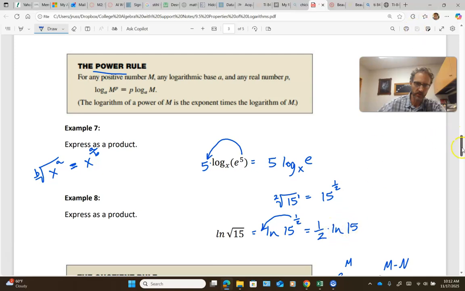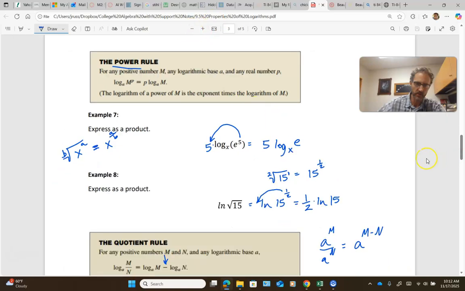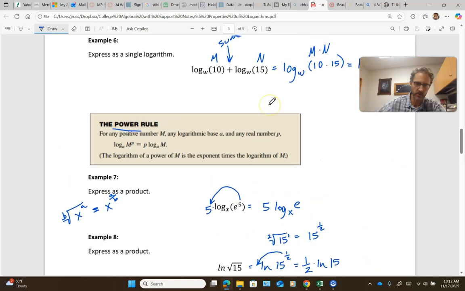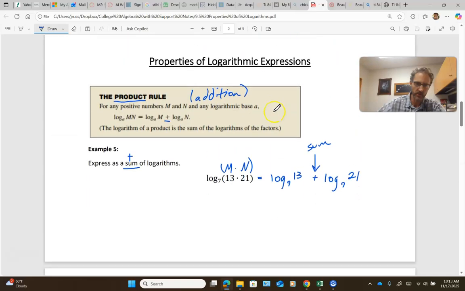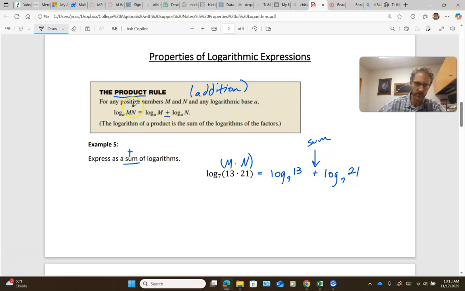So we've got 3 properties, guys, that we're going to be using exhaustively in the part 2 video. We've got this product rule that allows us to split a logarithm up using addition, if the argument of that logarithm is a product, or condense it.